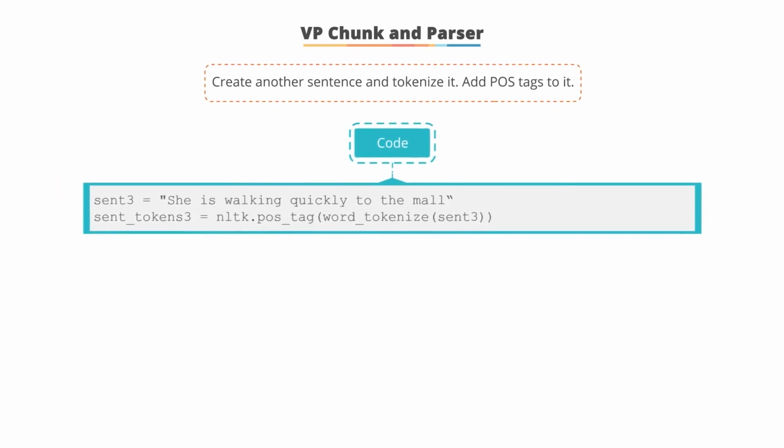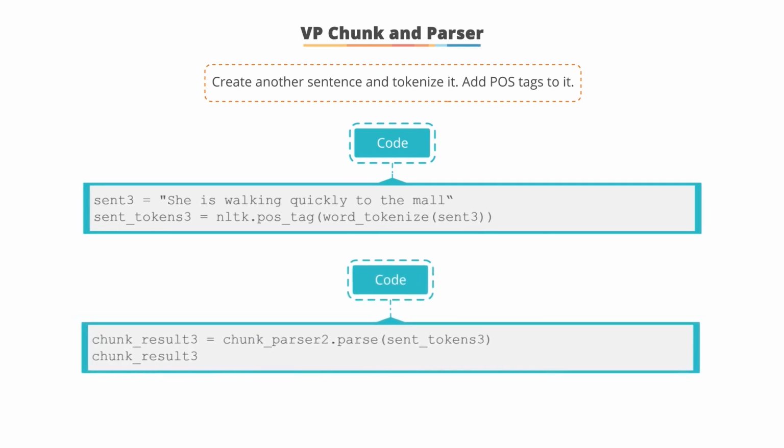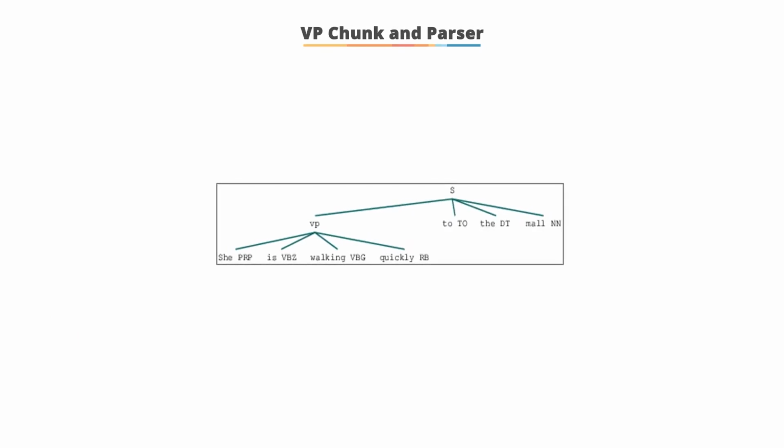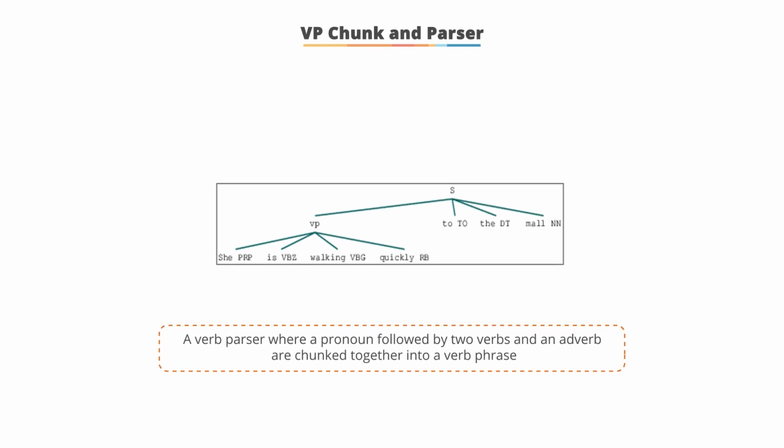So the new sentence is, "She is walking quickly to the mall," and the POS tags have been allocated from NLTK. Now use the new verb phrase parser to parse the tokens and run the results. You can look at the given tree diagram, which shows a verb parser where a pronoun followed by two verbs and an adverb are chunked together into a verb phrase.